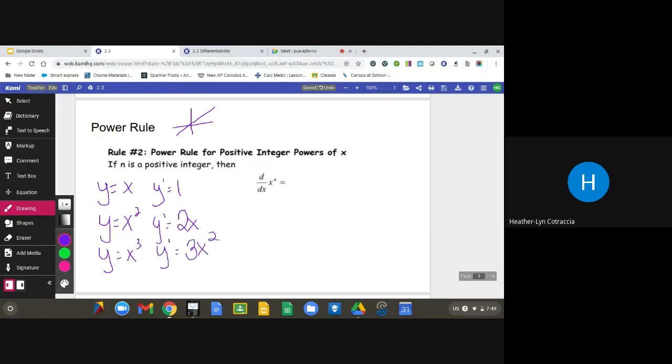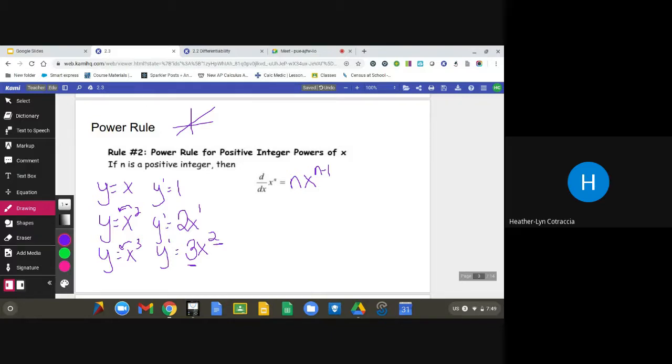So basically, there's a pattern there. You bring the exponent down in front. So if this is x to the n, you bring the n down, you copy down the x that's there, and you subtract 1 from the exponent. So if you look in this example here, the 2 comes down in the front, and it becomes 2x to the 1st power. Over here, the 3 comes down in front, so 3 minus 1 is 2, which gives you that number up there.